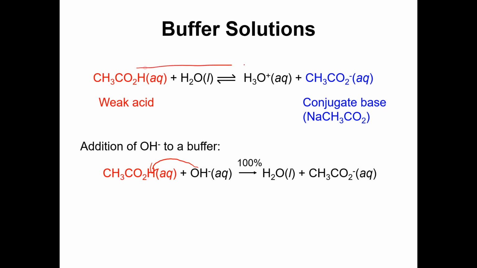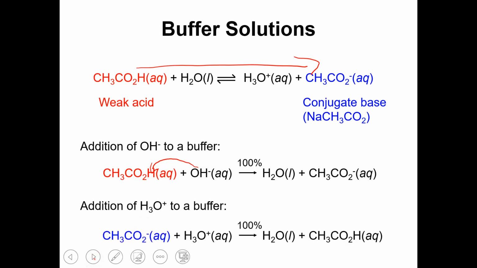So we've driven the reaction back towards the products. If we add H3O plus, then that's going to react with the acetate, and we're going to go back towards our reactants. So whatever we add, whether we add acid or base, there's something in solution that will react with it and essentially neutralize it.